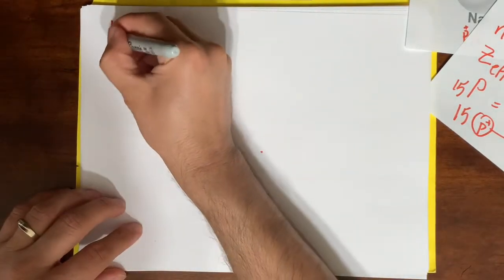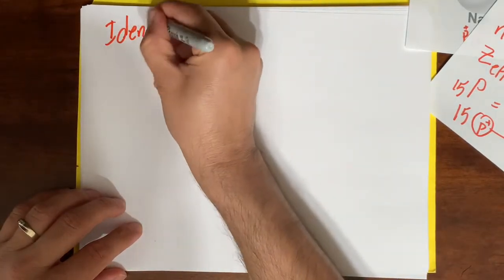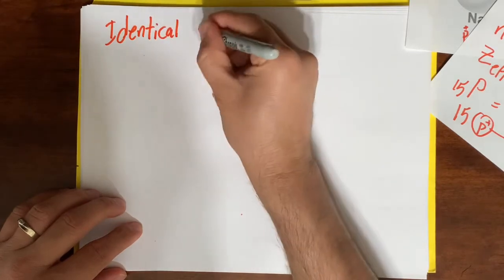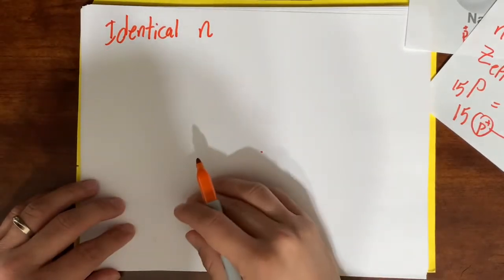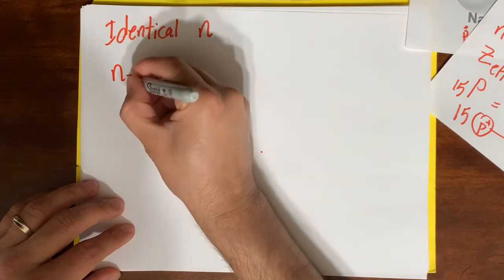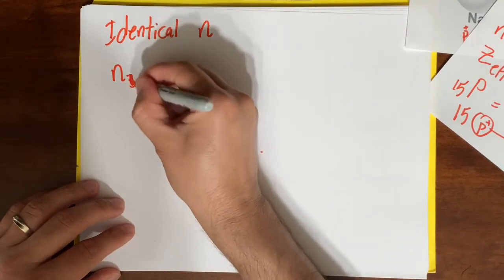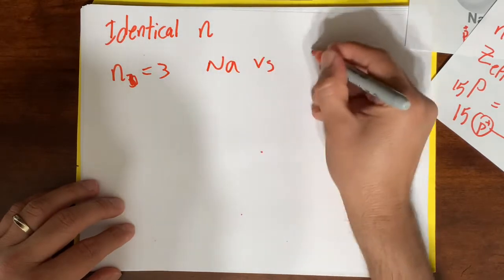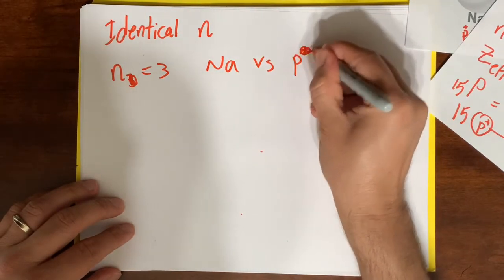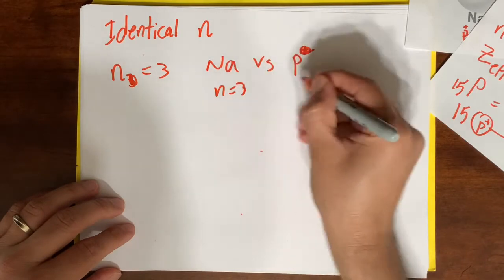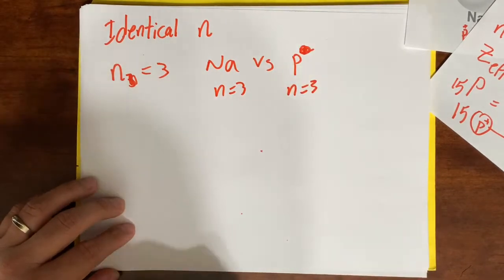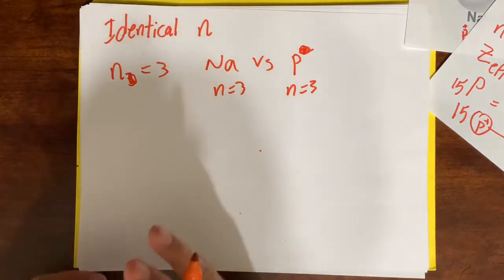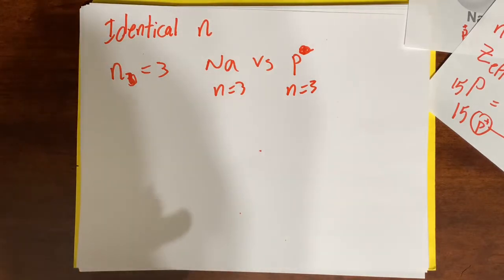So when we are sharing the same n, like n equal 3 for sodium versus n equal 3 for phosphorus, we cannot judge based on n.